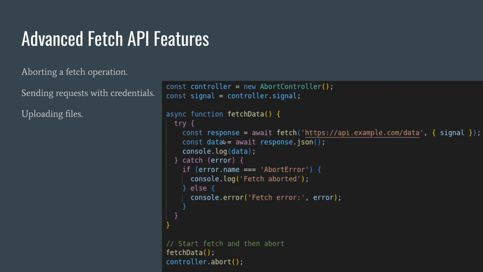When there's an issue, an error is thrown, and then this error catcher would catch it. If the error name is AbortError, it will console log fetch aborted, or it will say what the fetch error is. Because in here, as soon as we call fetchData, we call controller abort. This fetch will raise an abort error.